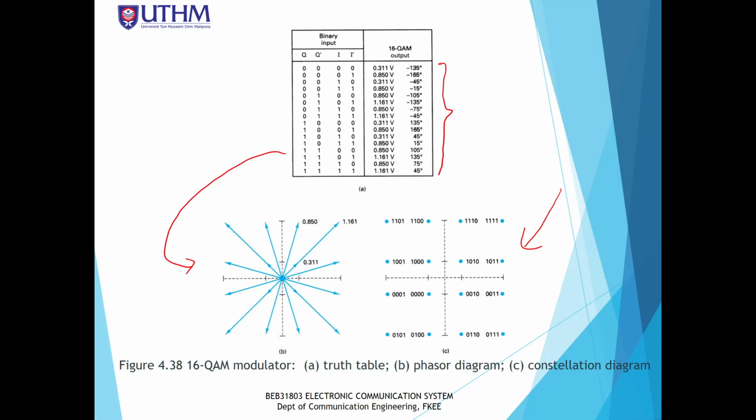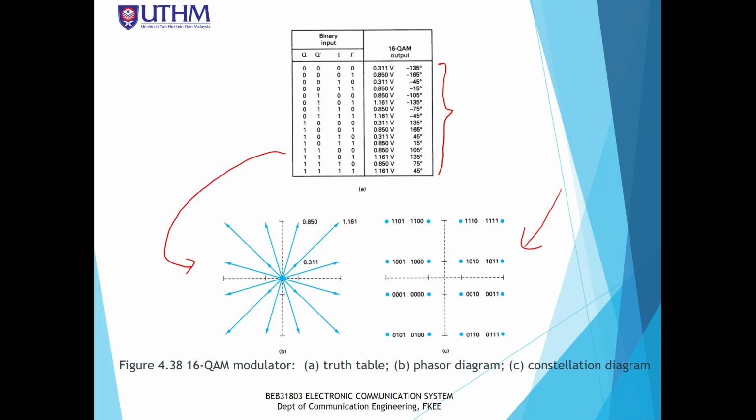Compared to binary phase shift keying, 16 QAM is more prone to error, because the symbols are very close to one another. The good thing is that we can have a high speed of transmission.